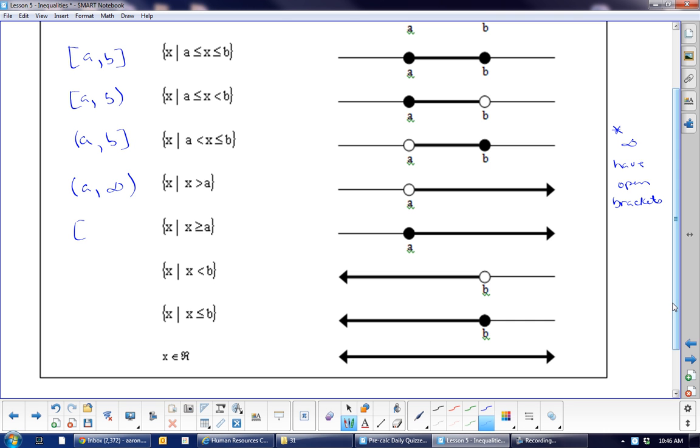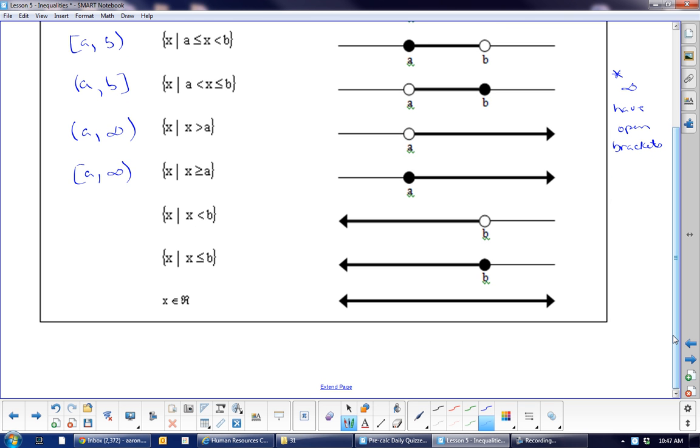So A is greater than and equal to would be square bracket A, infinity with a round bracket. Okay, anything x is less than B, so B is going to be on this side, and we're going to negative infinity.